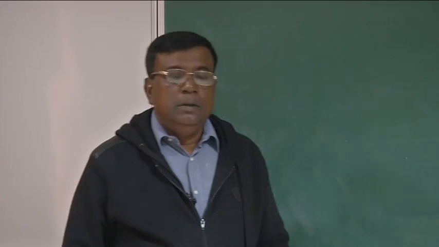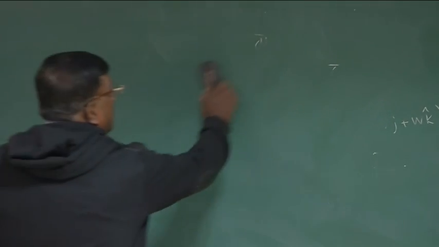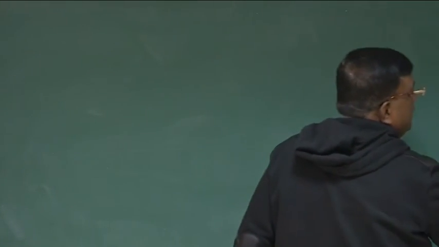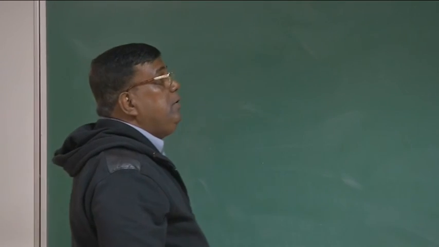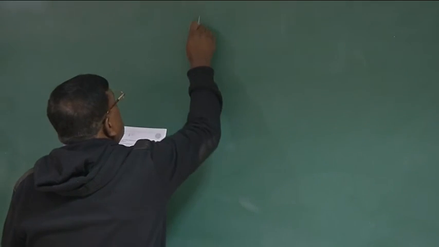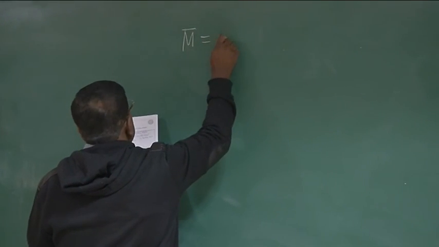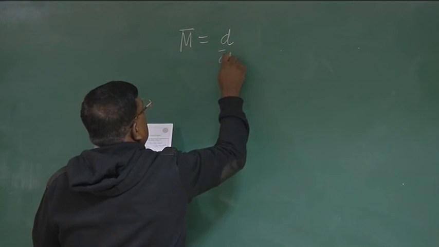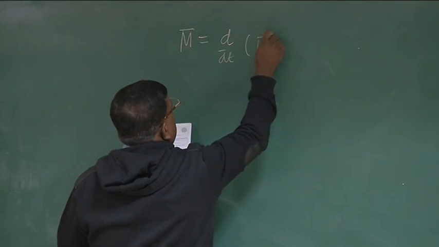Let us handle that. So let us now complete the moment equation, and we will be following the same help, which is dA by dt in the inertial frame equal to dA by dt in the rotating frame, or body frame for our case, plus omega cross A. So we need to calculate m as d by dt of H, the angular momentum vector.